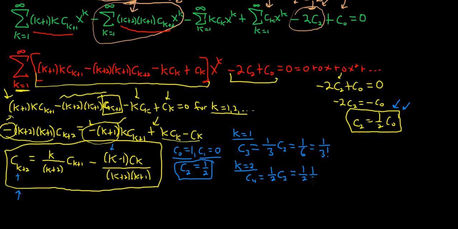So you have 1/2 times 1 over 3 factorial. 3 factorial is 6, so that's going to be 1 over 12, I believe. Let me just make sure we did that right. Oh, we're not done here. So that's correct so far.